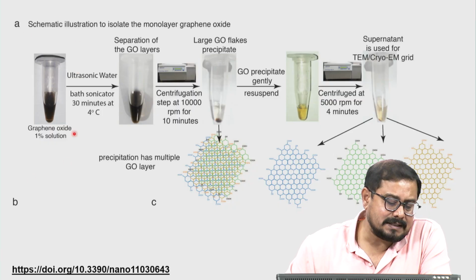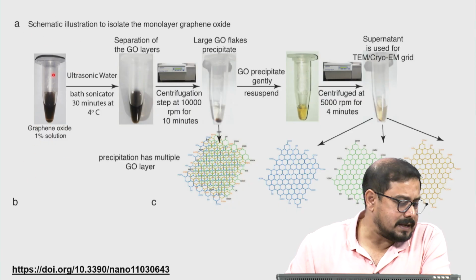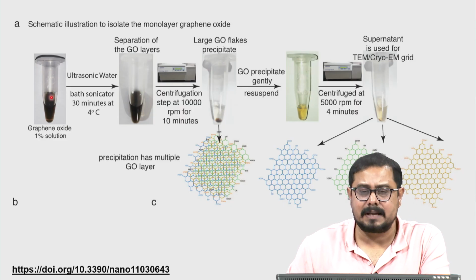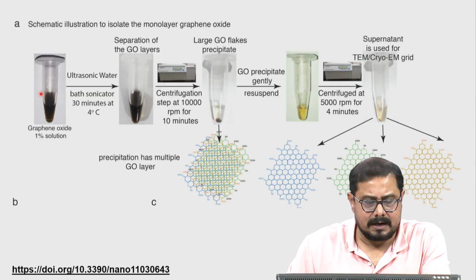Here you can see this is a graphene oxide solution, a 1% graphene oxide solution. We take a total volume of maybe 200 microliters or 300 microliters.